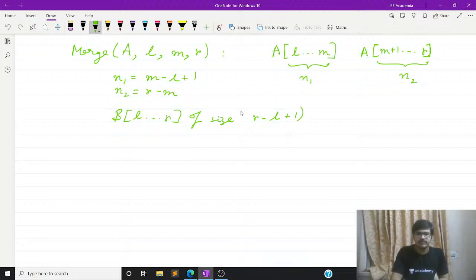This is the size of the array. Now comes the most beautiful part here. I will keep a count variable here. Maybe let's call this frequency.